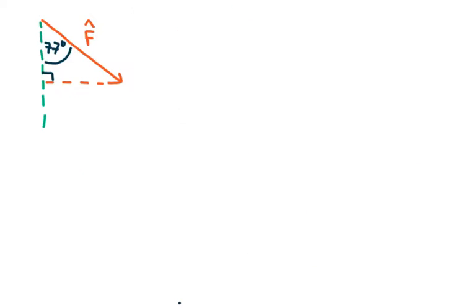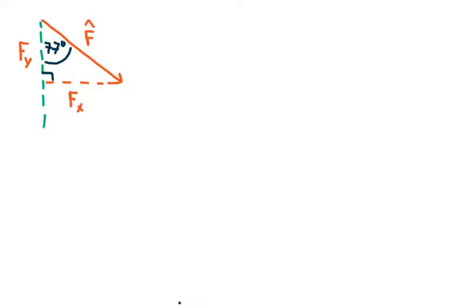So I've already drawn my triangle for the force that we're pushing this cart with, and you can see that the horizontal component is going to be my x component of the force in this case, and the vertical side of my triangle is going to be the y component. So we've got the Fy.